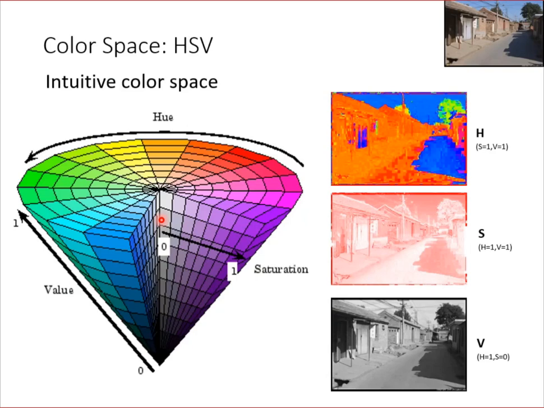But for us, we have another explanation for colors. It's the HSV color space. H means hue, S means saturation, and V means value. So given a color, we explain it like a circle and the brightness.